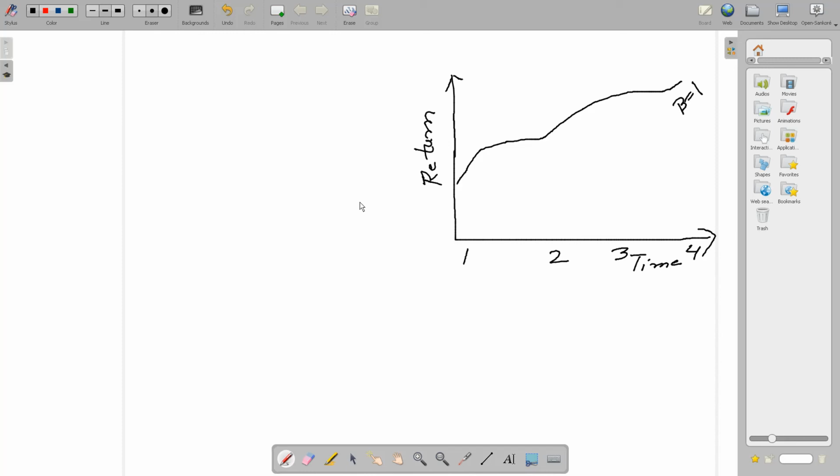Okay. Now take any other security whose movement is similar to Nifty. That is, whenever the Nifty goes up, the security also goes up. Whenever the Nifty goes down, the security also goes down in the same proportion.